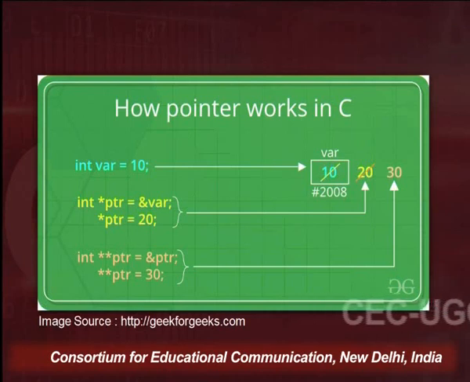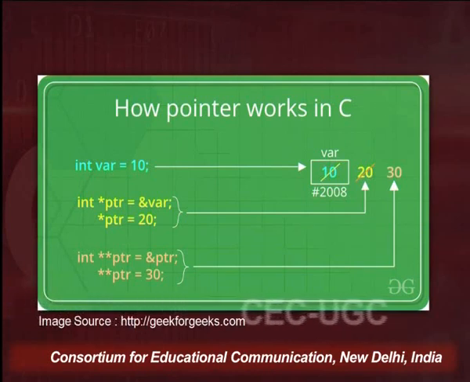So I have assumed here that the address is #2008. The address is basically the cell number in memory on which this var is stored. On which particular memory location any variable is stored, as a user I don't have any control.